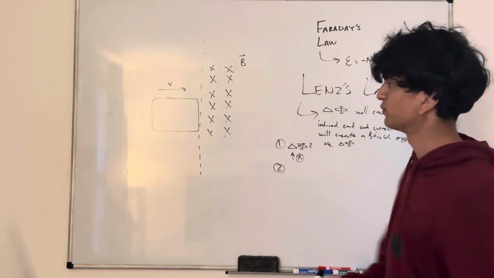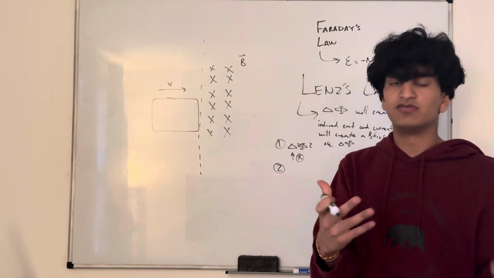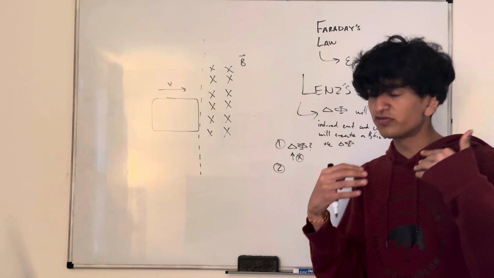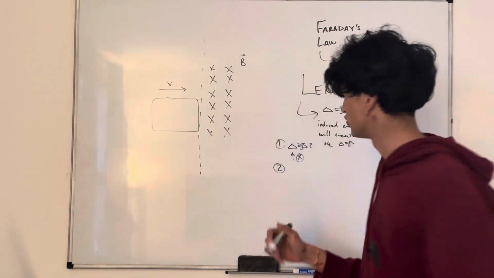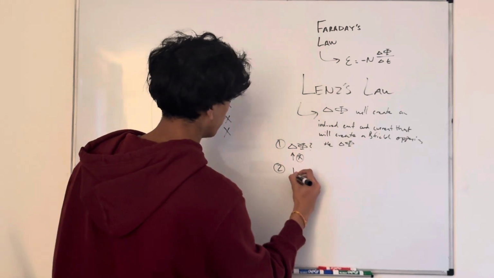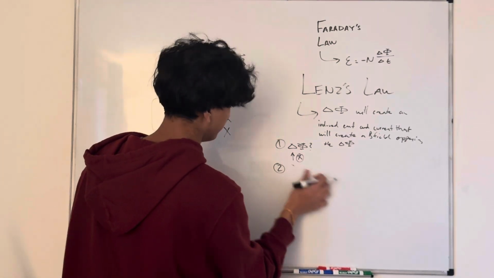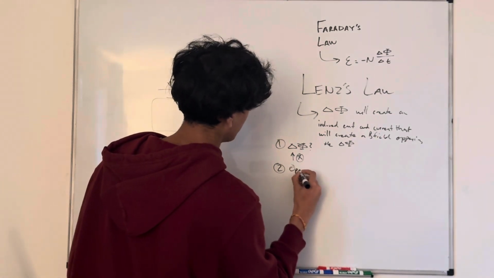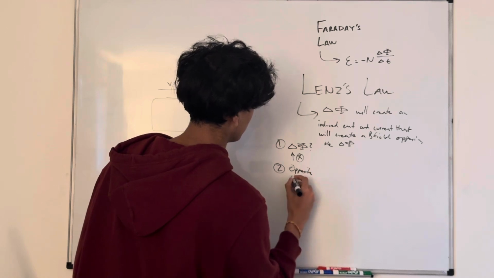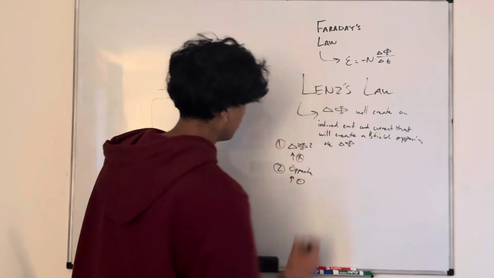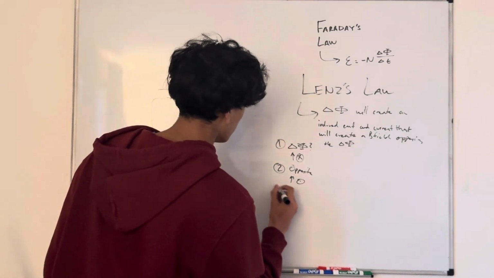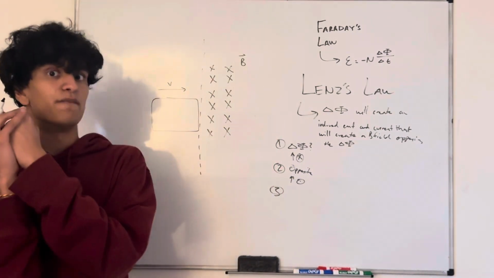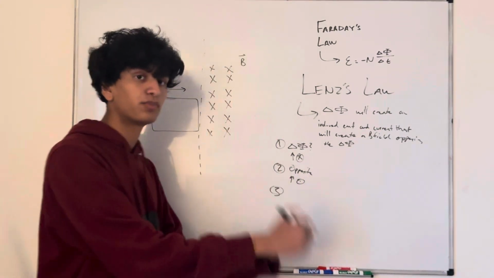It's uniform, and you can't get rid of any B field. You have to oppose it by having magnetic flux coming out of the page. So the opposite is flux coming out of the page, and the third step is to determine what current will create a magnetic field that points out of the page.